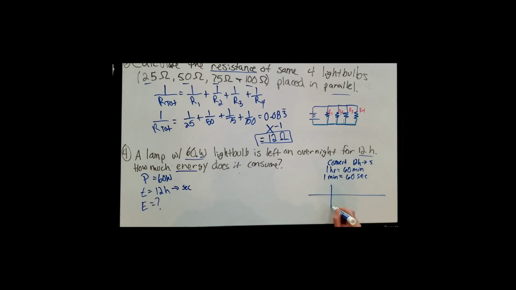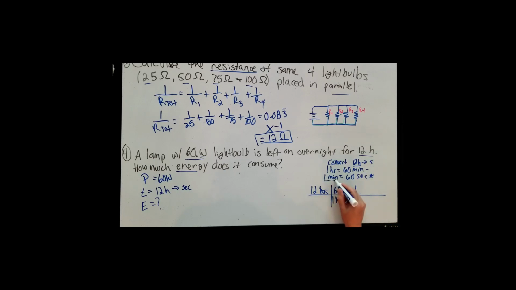We start our railroad tracks. We always start with what's given, the 12 hours. I'm going to use this first conversion factor, the top one here. Do I want my hours on top or bottom? I want it on the bottom so it cancels. That's going to put my 60 minutes at the top. So if I were to stop here, just multiplying 12 times 60, that would tell me how many minutes are in 12 hours. But I'm going to keep going and use this second conversion factor to get to seconds.